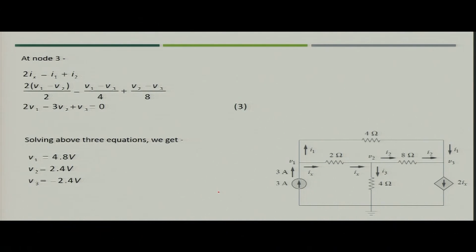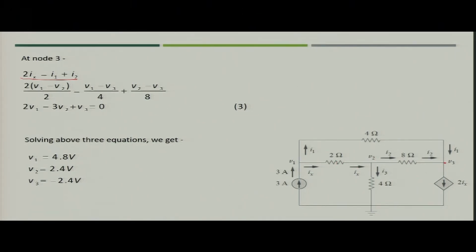Similarly, for node 3, since the dependent source is in the downward direction, you can write this is going out, these two are going in to the node. So, you can write 2 Ix is equal to I1 plus I2, right. Now, what is the value of Ix? Ix you have calculated as V1 minus V2 by 2.